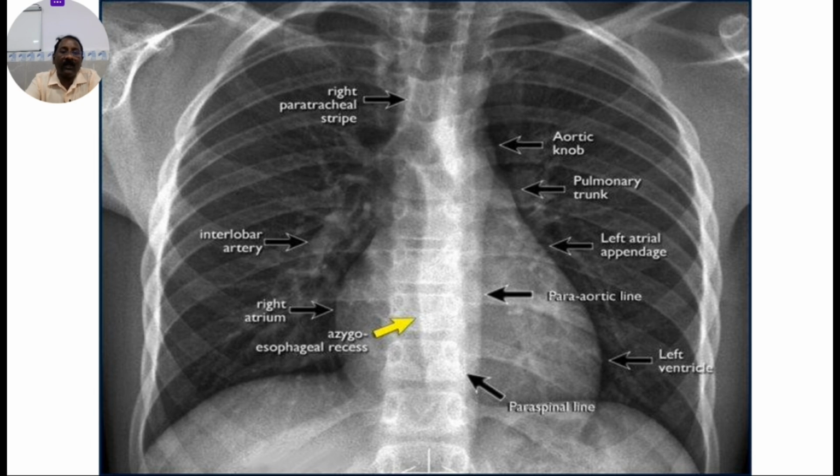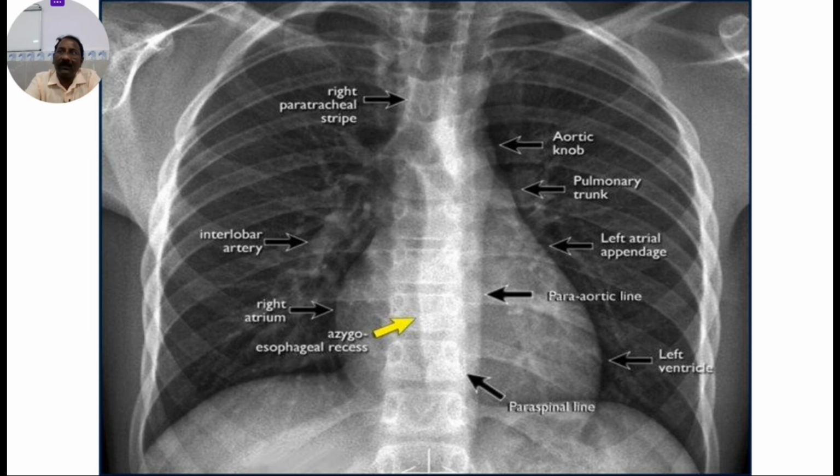Now you come to the right side. Then you will have the azygoesophageal recess, right atrium. This border is the right atrium, then the left atrium there. Here the interlobar arteries. So as a good physician, not only the heart and the lungs, please concentrate on these points also, because these will give you a clue towards particular diseases.